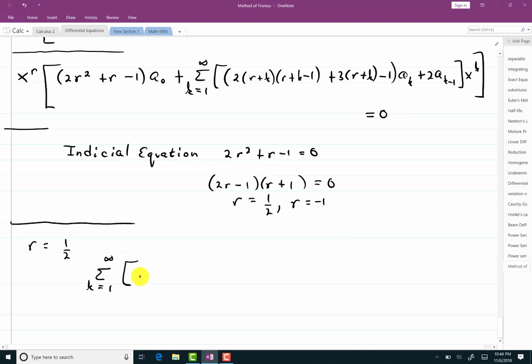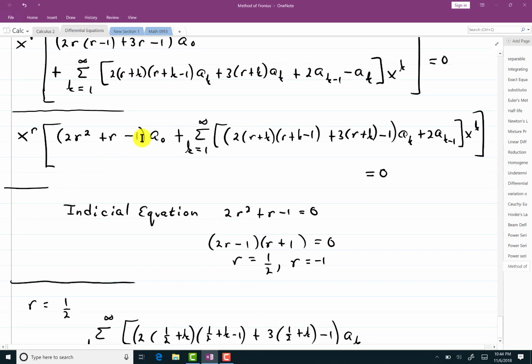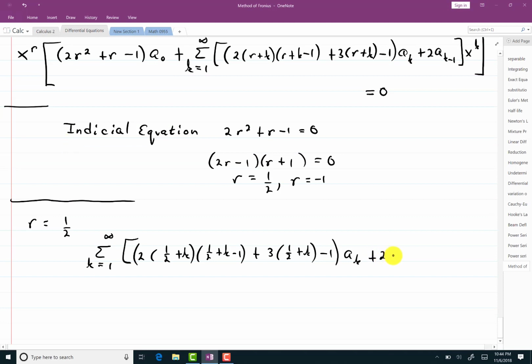So 2 times 1/2 plus k times 1/2 plus k minus 1 plus 3 times 1/2 plus k minus 1. And all of that stuff is attached to a sub k and then we have plus 2a sub k minus 1. And of course that's all attached to x to the k. And we know this all has to equal 0.